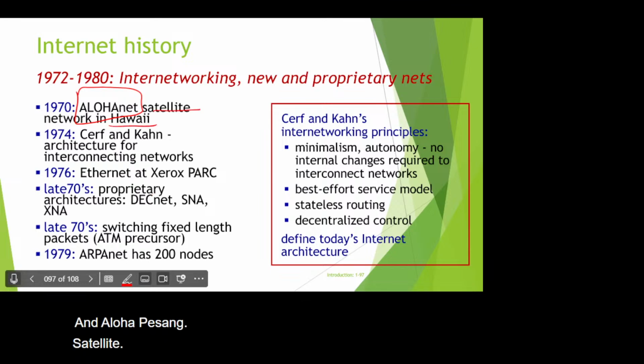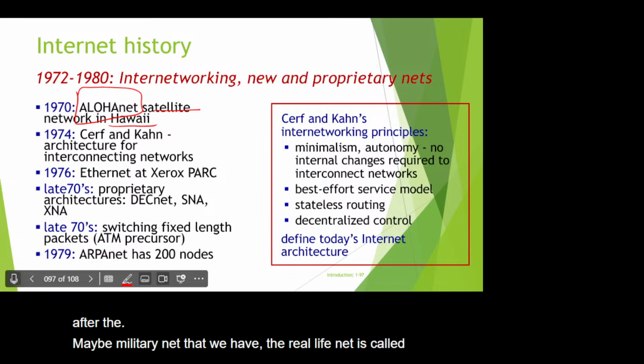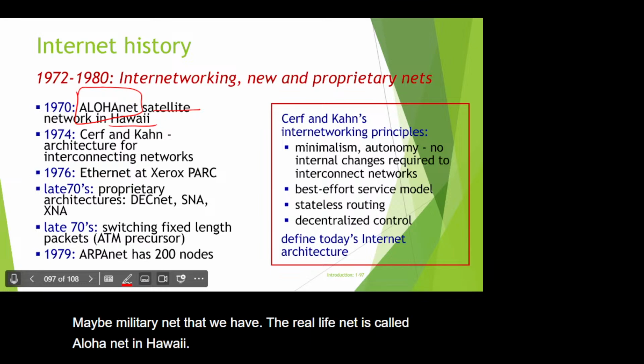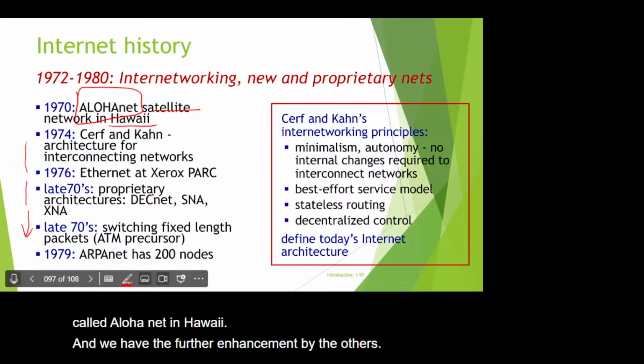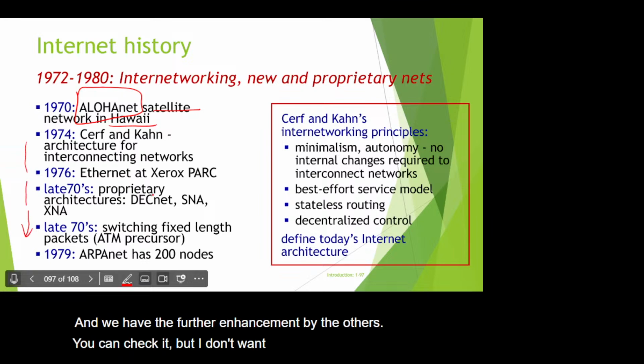So after maybe the military net, we have the real life net, called the Aloha net in Hawaii. And we have further enhancements by others. You can check it, but I don't want to check all of them.